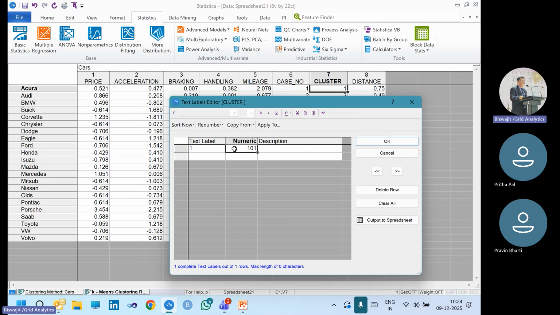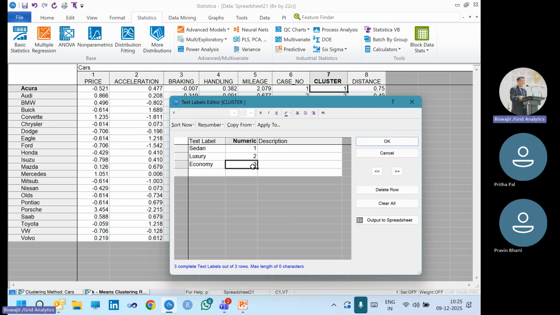We can name cluster 1 sedan, my luxury is cluster 2, and my economy car is cluster 3, because I could observe from my mean plot, right?